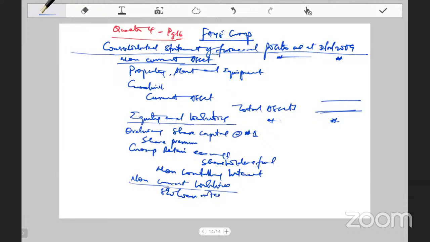Then I now have current liabilities. Okay, I think the template is good enough, and that makes my job easier.